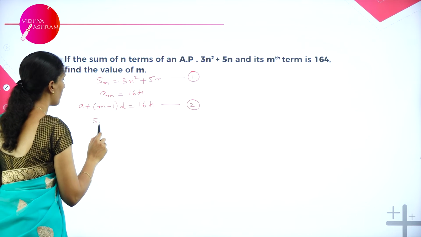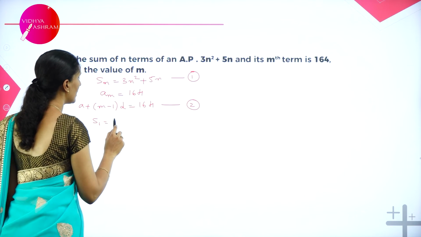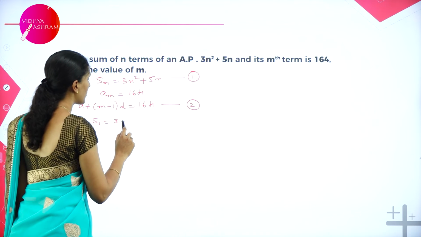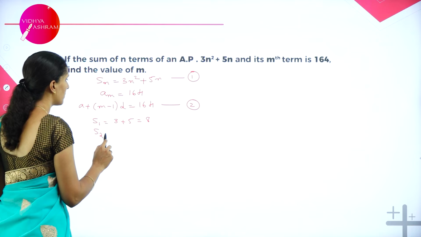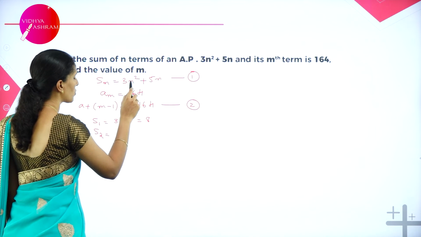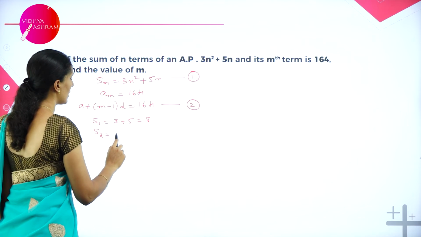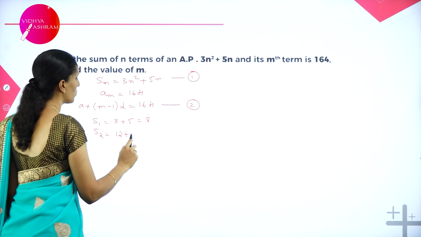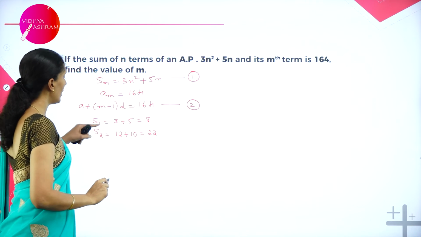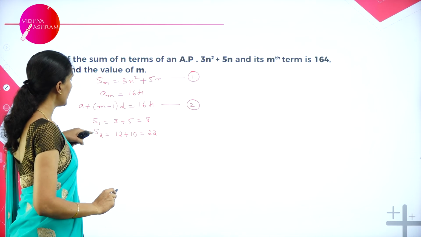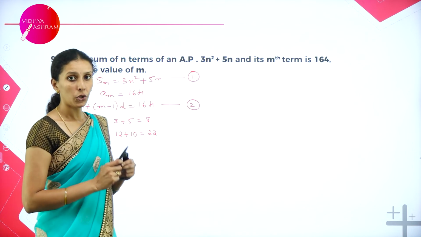What is S1? S1 is 3 into 1 square plus 5, which is equal to 8. S2 is 3 into 2 square. 2 square is 4, 4 3s are 12, plus 5 2s are 10, which is equal to 22. Now clearly the sum of the first term is 8 and the sum of two terms is 22.